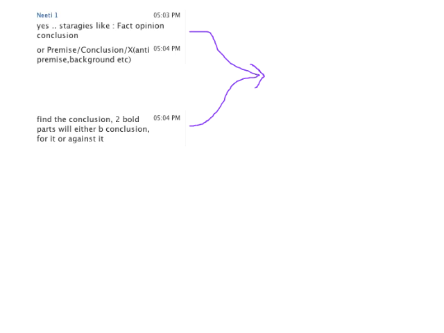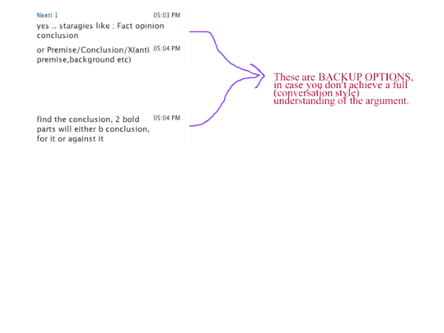You should think of these as backups, in case you don't achieve a full, conversation-style understanding of the argument.